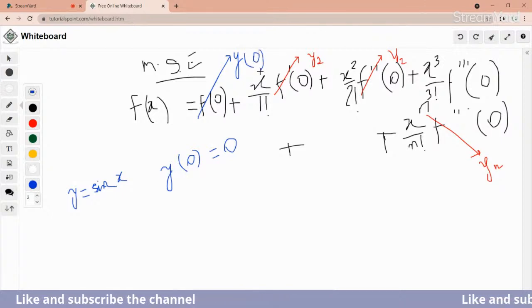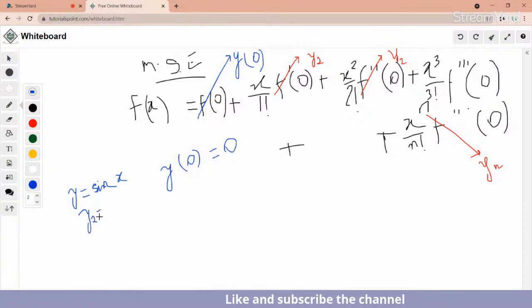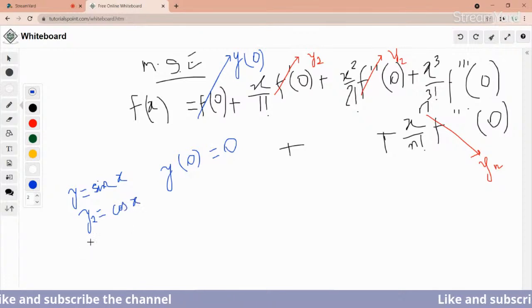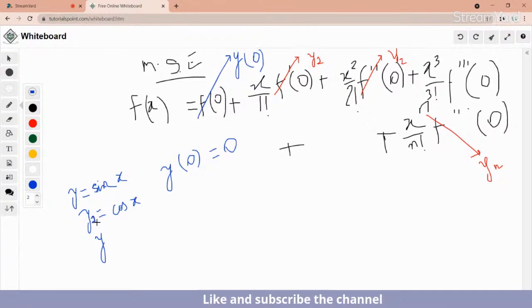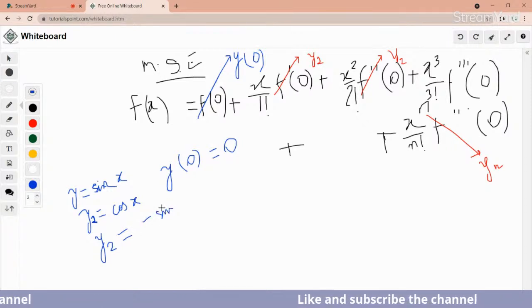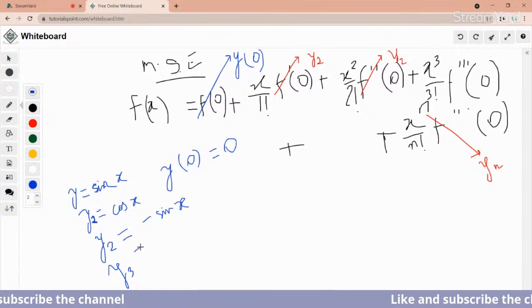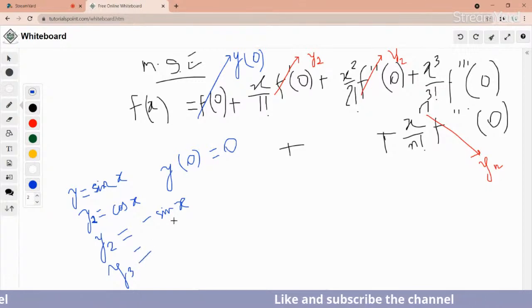Now when we differentiate one time, y1 is equal to cos x, obviously, differentiating sin x you always get cos x. y2, differentiating a second time, the differentiation of cos x will definitely be minus sin x, right? Then when we differentiate for the third time, minus will be as it is, sin x will change to cos x.